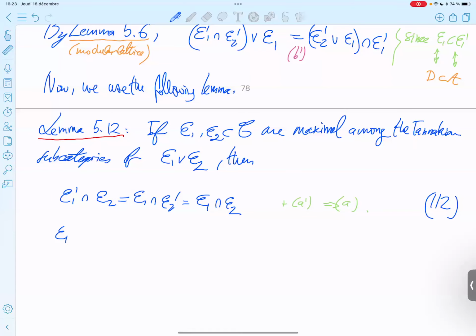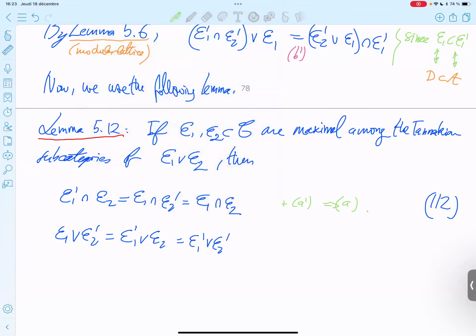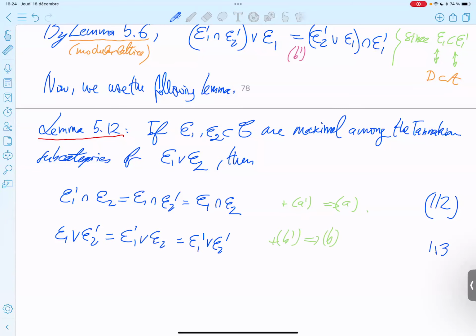So the category generated by E1 and E2 prime is the category generated by E1 prime and E2, which is the category generated by E1 prime and E2 prime. And this, together with B prime, you get B. And that is 130.